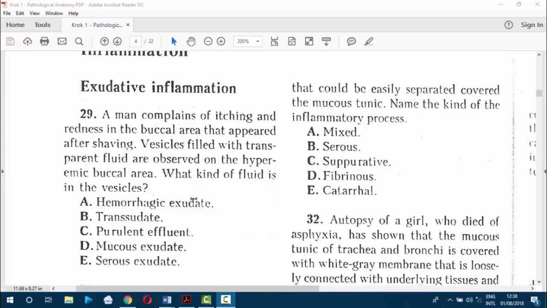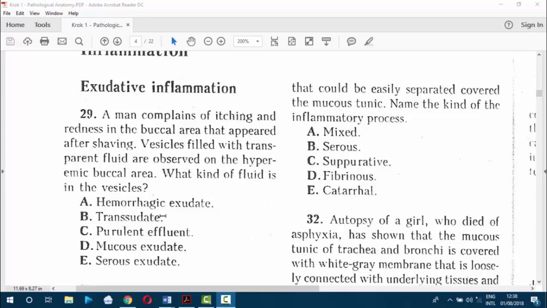So, what kind of exudate are we talking about in this area? But before that, let me just explain what a transudate is. A transudate is an extravascular fluid with low protein and a low specific gravity. It has no nucleated cell count, and the primary cell types are macrophages, lymphocytes, and mesothelial cells.